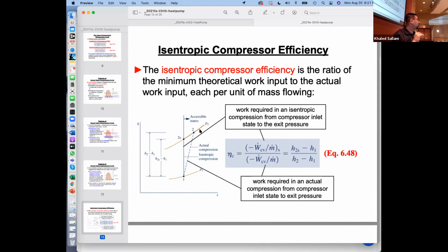This is important, especially when you go to a propulsion course and you're trying to look at a jet engine and figure out what is the isentropic work and what's the actual work. Where does the pressure end up at the end of the compressor? It has the same pressure, but not the same temperature, not the same enthalpy. But see how P2 and P2S are the same?